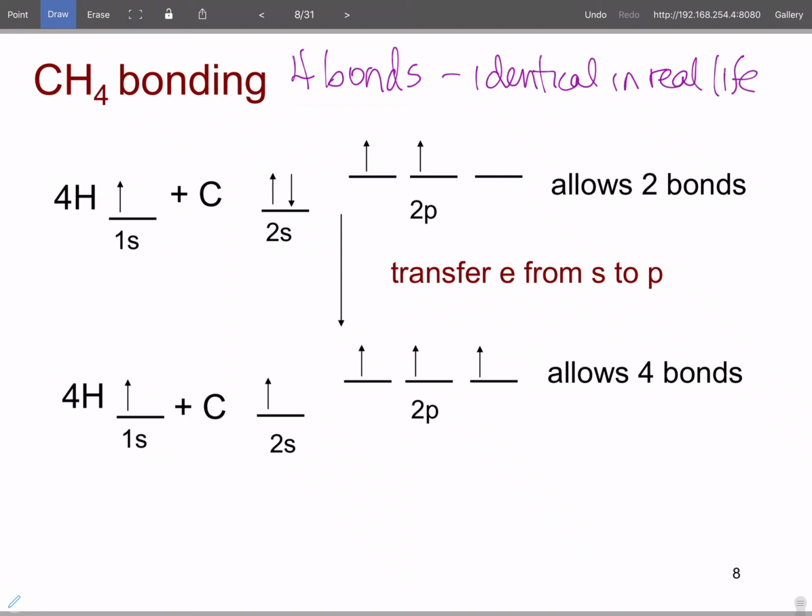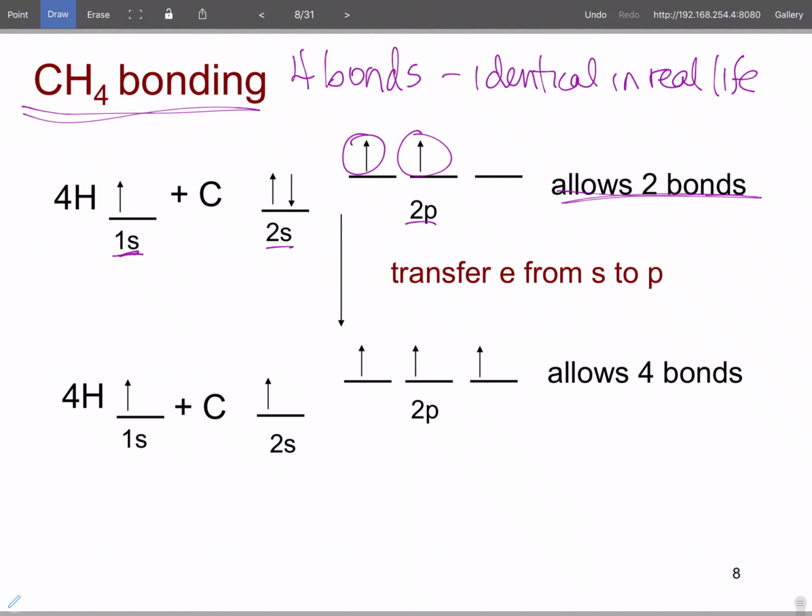So if we were to look at them from an energy standpoint, and we were to take the s's from the hydrogen and combine them with the carbon. Well, first and foremost, if we look at the carbon structure, a bond forms when electrons are shared. We can only share this one and this one. So it only allows 2 bonds. But we know that carbon will form 4 bonds.